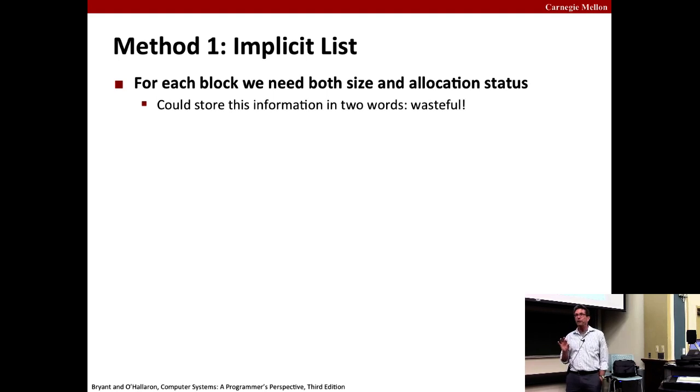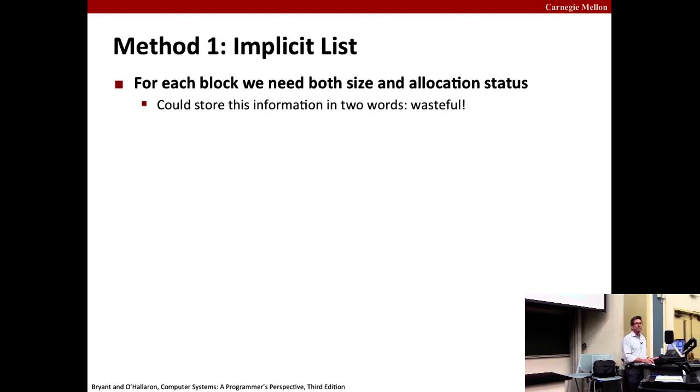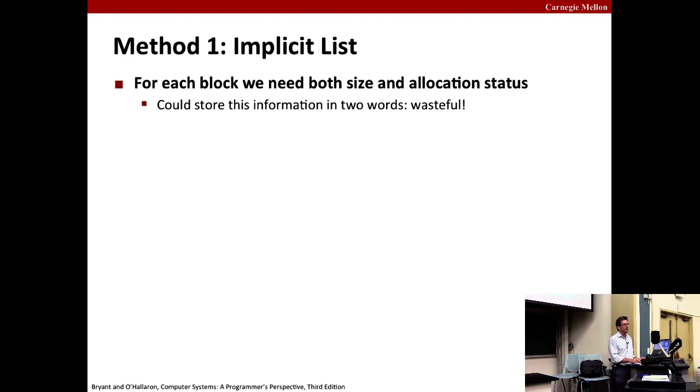So it could be very efficient. You wouldn't need to walk any lists or anything. That's a good question, and that's the kind of thing you'll be thinking about when you do your malloc lab. There's a huge design space in implementing malloc functions, and we just explored one tiny part of it.